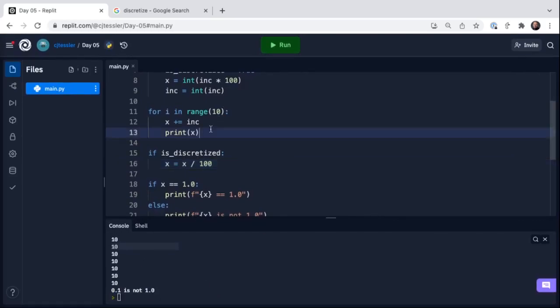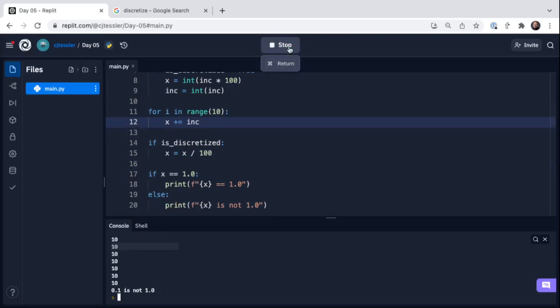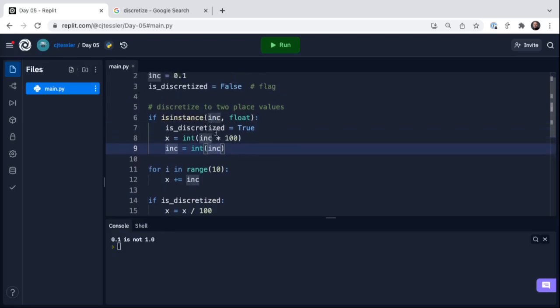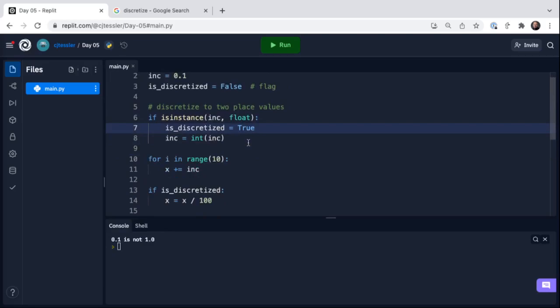So let's fix that. All right, let me back up a little bit. We multiplied by 100, and like I said, in the discretization process we're going to work with integers. So I also need to cast this to an integer. Something looks off, hold on.